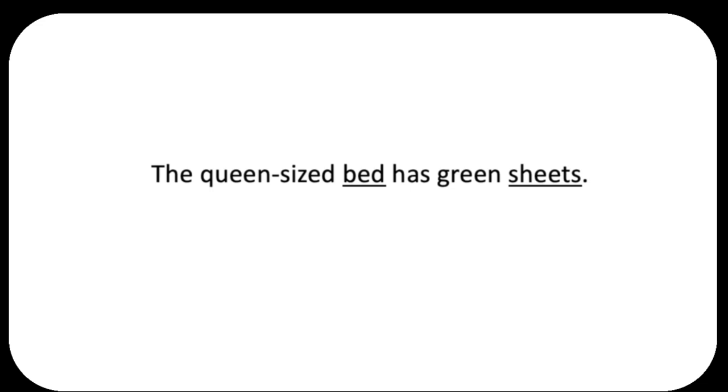Sheets is plural because it has an S at the end of the word. This means there is more than one sheet. Be careful. The word queen is not a noun in this sentence. It is compounded with sized to create an adjective.